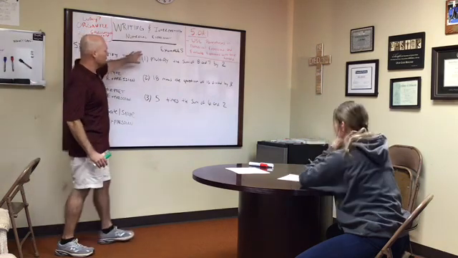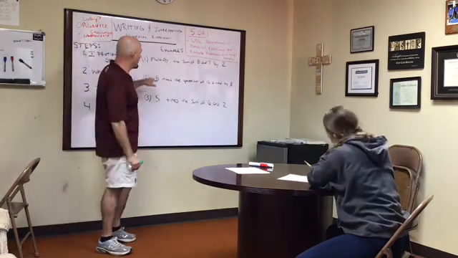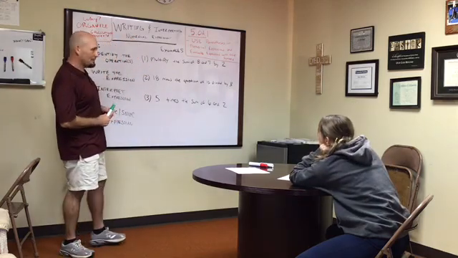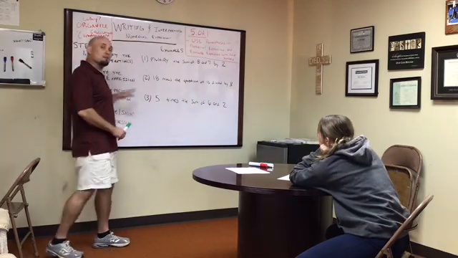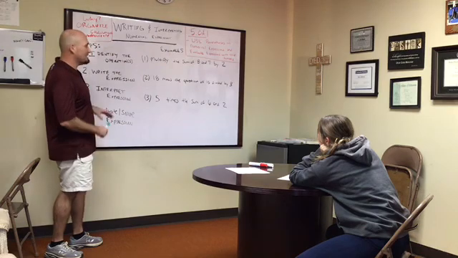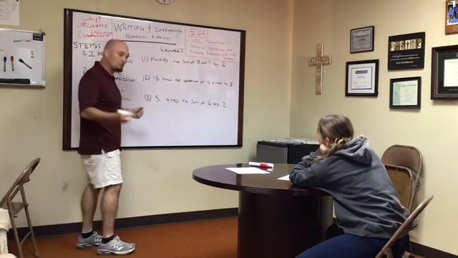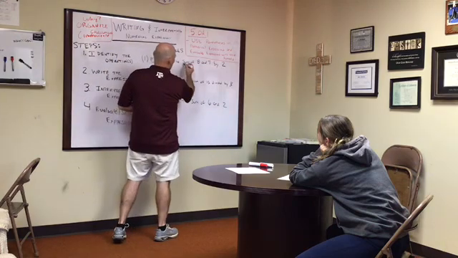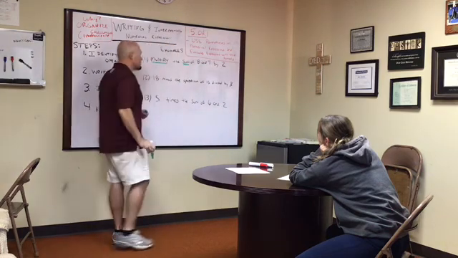Okay, here is our first example. Multiply the sum of 8 and 7 by 2. So if we look at our steps, we have to identify the operations. The operations we're looking at are multiply and the sum.